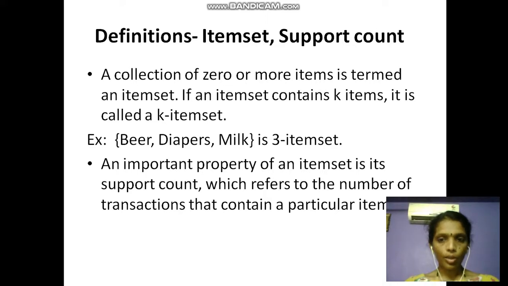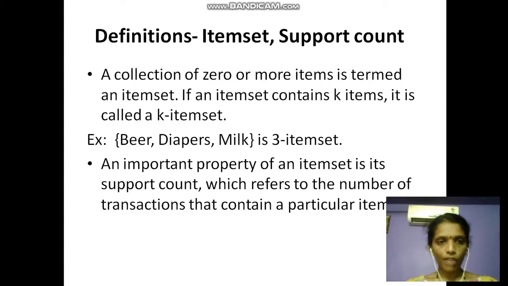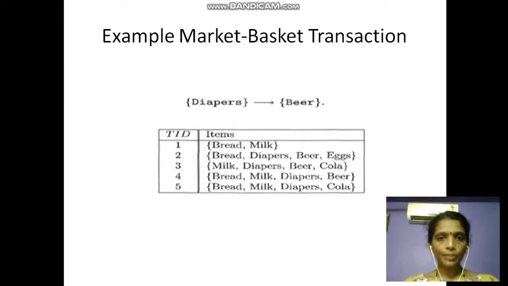Another important property of an item set is support count, which is nothing but the number of times a particular item set is repeated in all the transactions. Let us see with the example we considered earlier. In this market basket transaction, the item set is beer, diaper and milk.